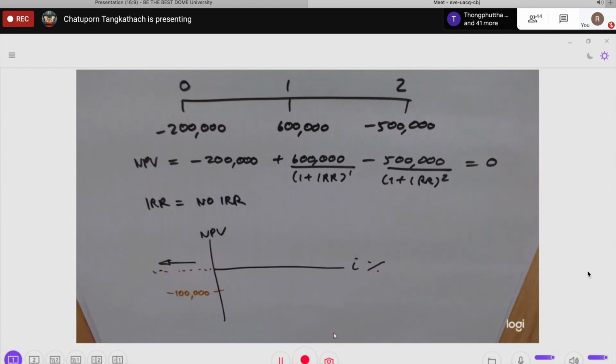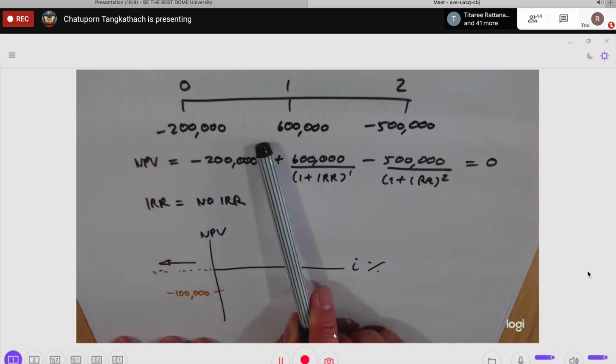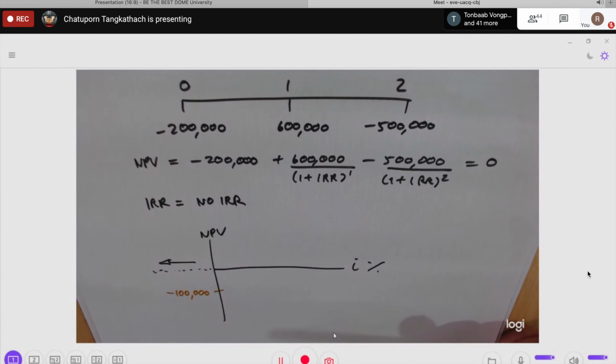This is the second case, apart from the first case, when we have a sign change more than once: minus, plus, minus. When we have a sign change more than once, it does not necessarily mean that we are going to get multiple IRRs. There are two different cases. The first may be multiple IRRs, or the second case, no IRR.